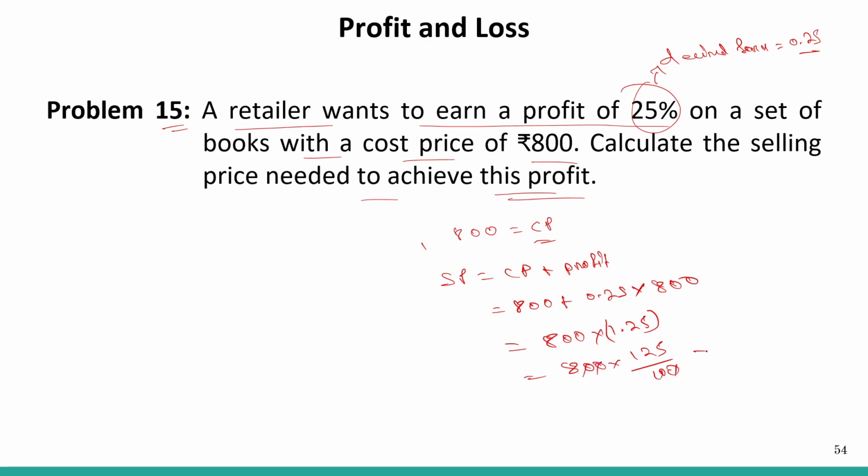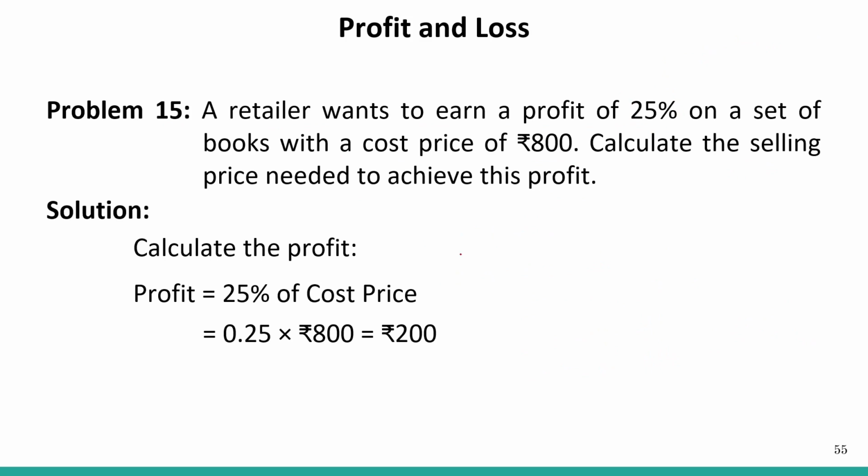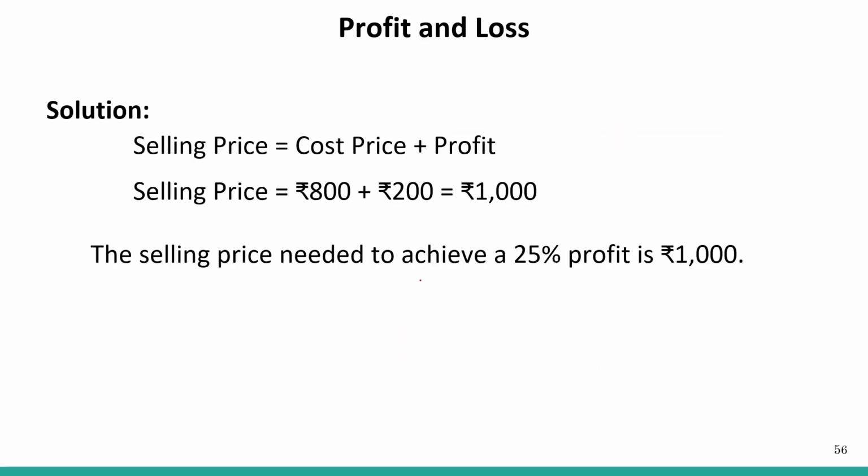So cancelling these zeros, what we are left with will be 1000. Okay, so 1000 must be the selling price. So profit is equal to 25% of the cost price, which is equal to 200. So cost price plus profit is equal to selling price. So the selling price needed to achieve 25% profit is nothing but 1000 rupees.